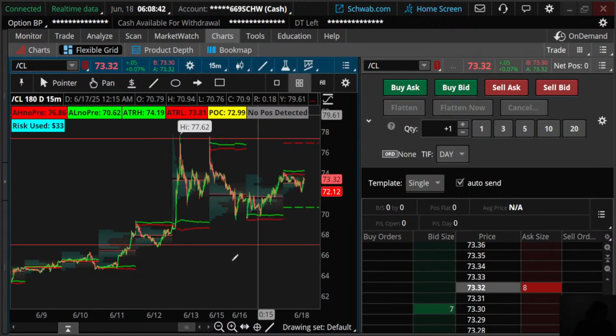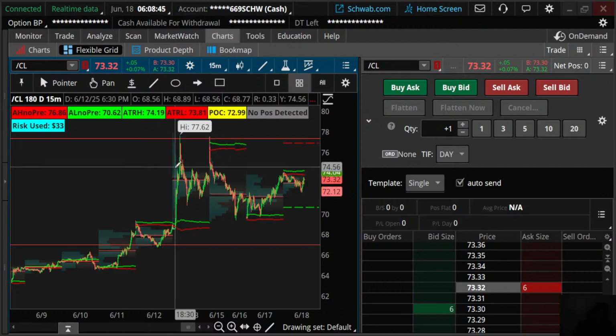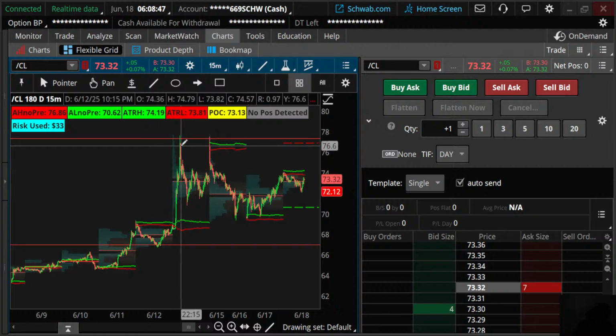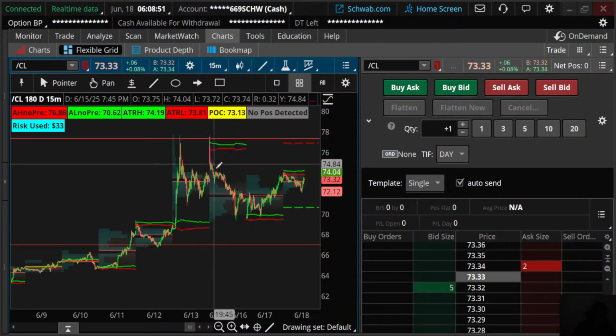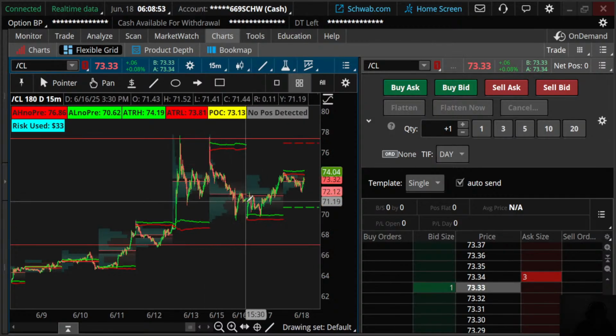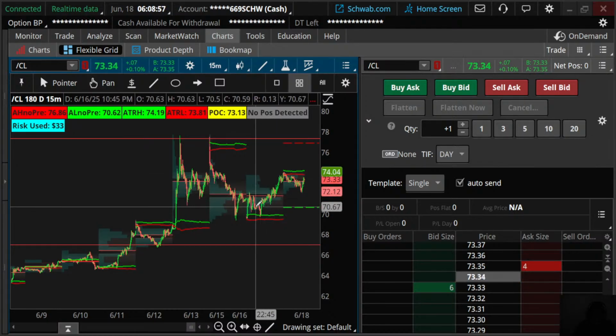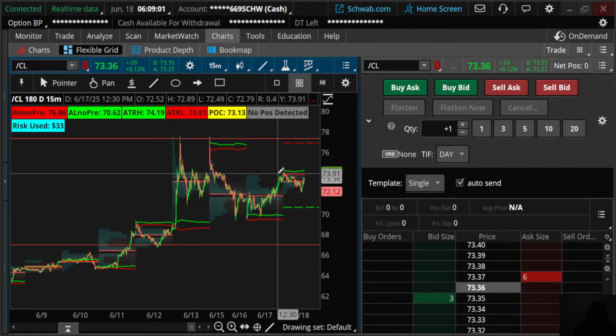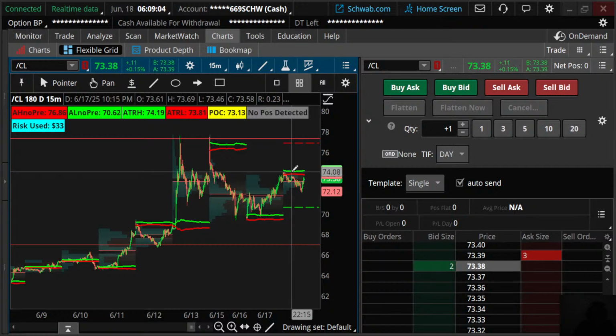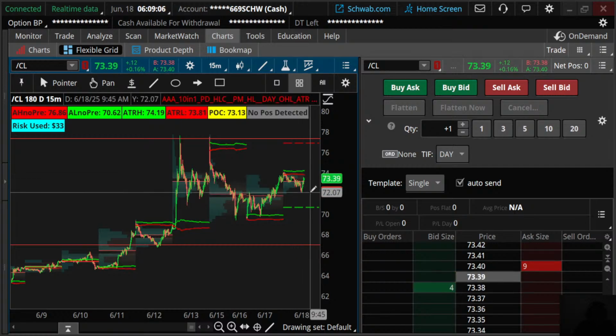So it had this double top back on the 12th and the 15th, came down, looked quite bearish, and then popped back up towards the end of yesterday, right? From 70s all the way up here to 73s, and now is again forming a lower high. So we got to see, is it going to break this high of 74, or is it going to break this low back down towards the 72s?